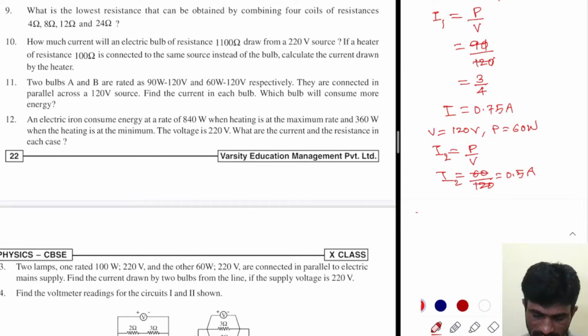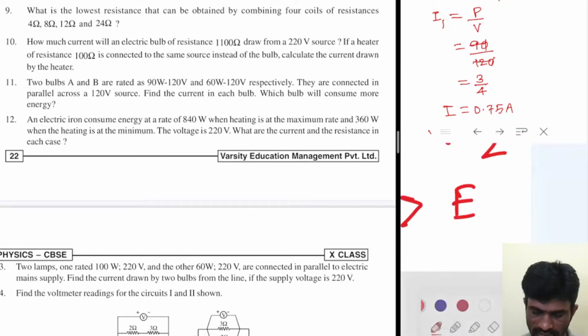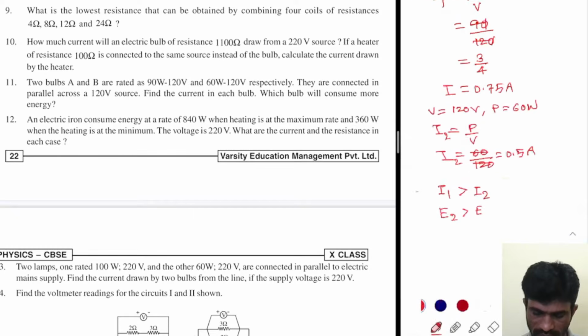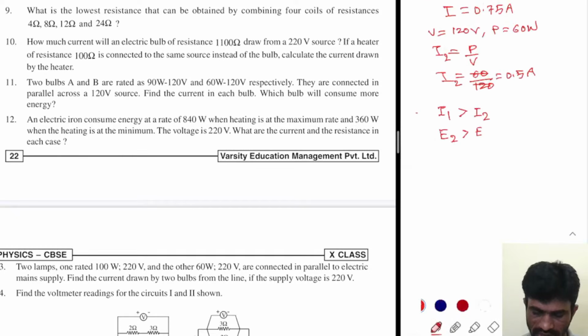Since I1 is greater than I2, energy in the first case will be greater than energy in the second case. E1 is greater than E2. So the first bulb will consume more energy.